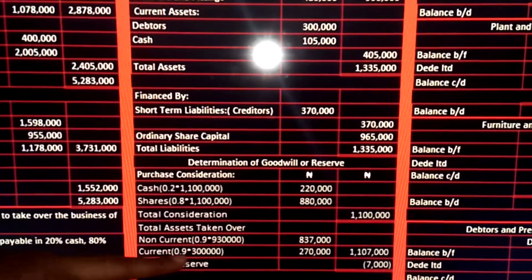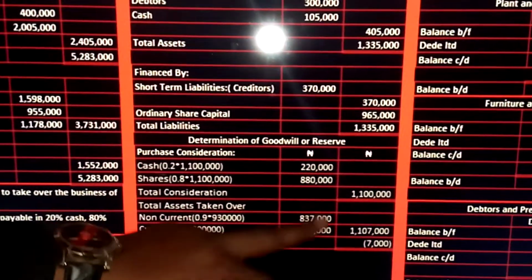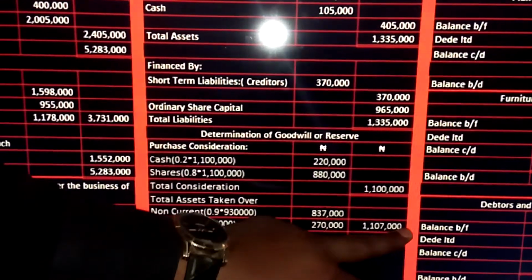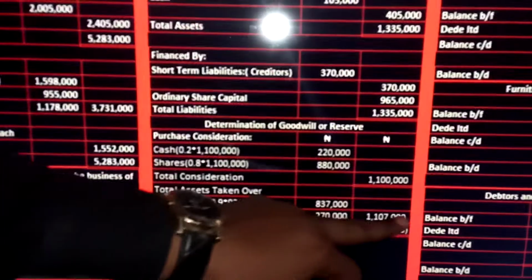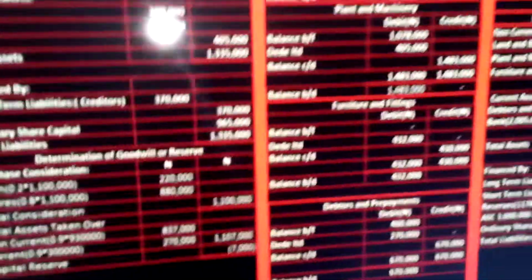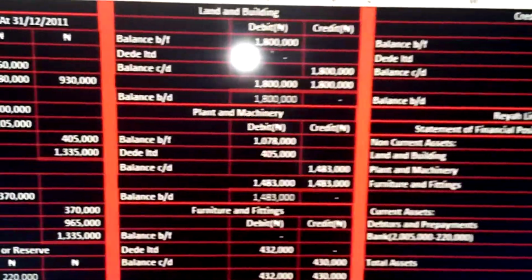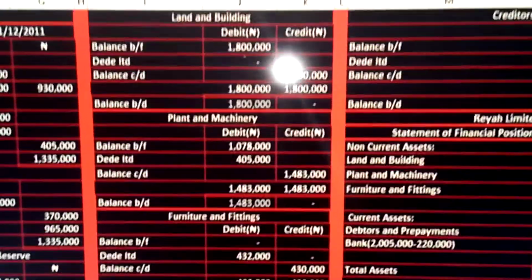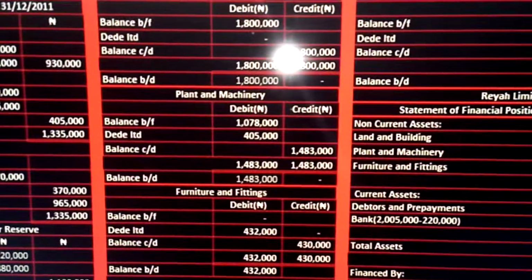So what's 90% of debtors? 270,000. So 837 plus 270 is 1,107,000. As you can see, the purchase consideration is less than the total assets, so there's a capital reserve. So let's quickly pick up the items in the balance sheet of Raya and then adjust for the ones taken over.